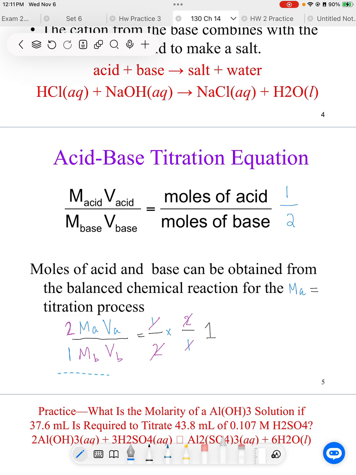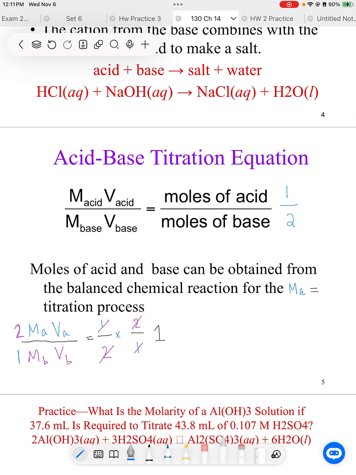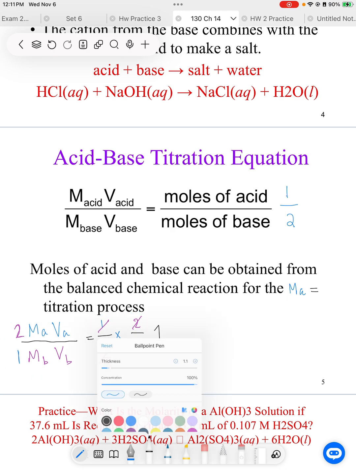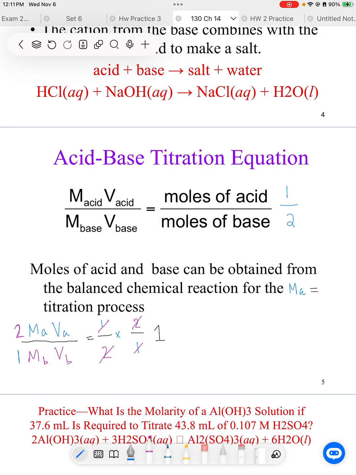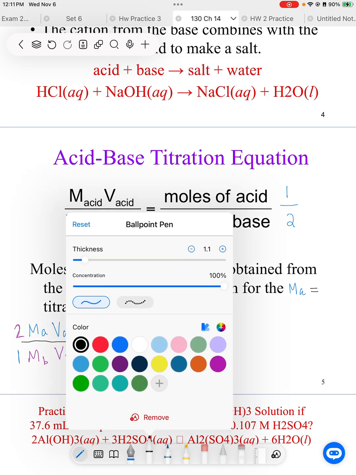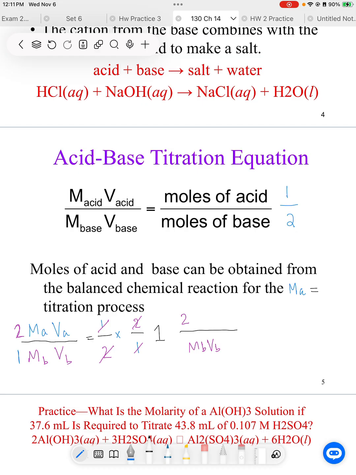So now we have 2 MAVA over 1 MBVB equals 1. And I'm going to rewrite it, and it's going to take a minute, but I'm going to keep the colors so you can see where I'm taking everything. And we want to divide, equaling it to 1.